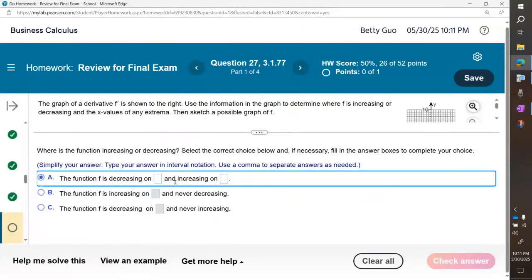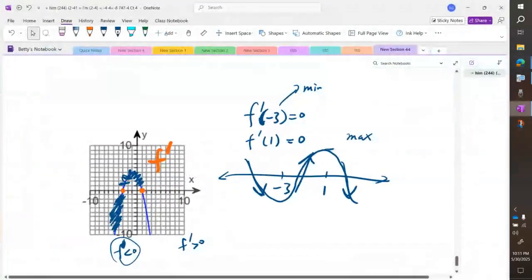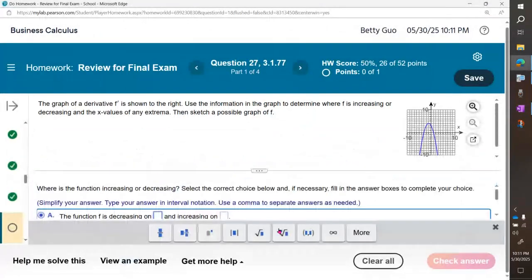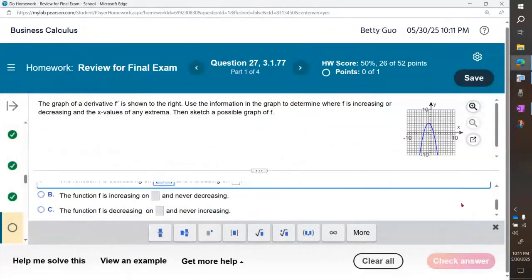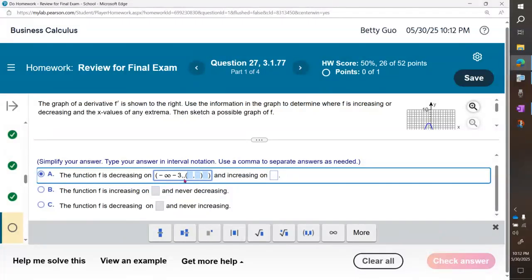The function is decreasing on negative infinity to negative 3. It says use a comma to separate the two intervals. Hold on. Okay, I'm going to do it again.